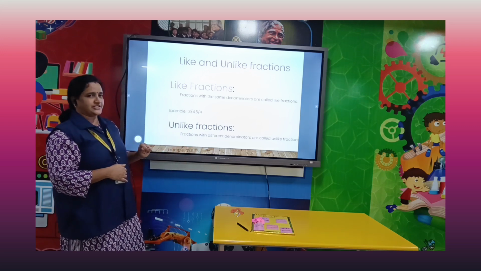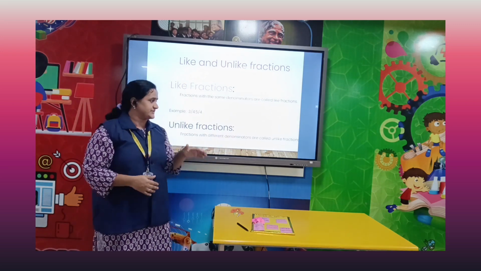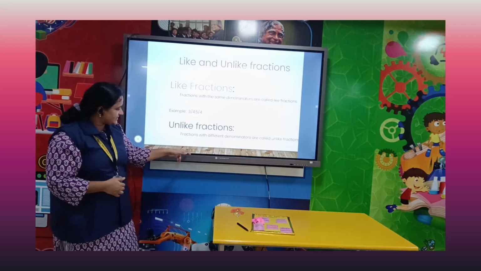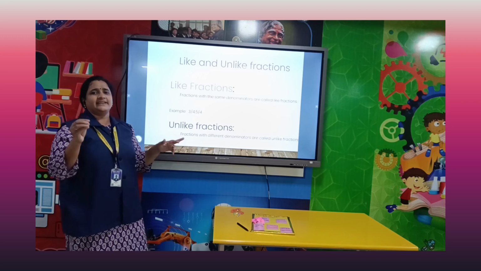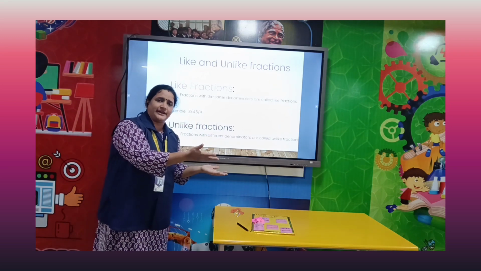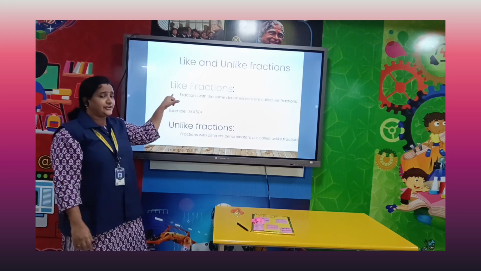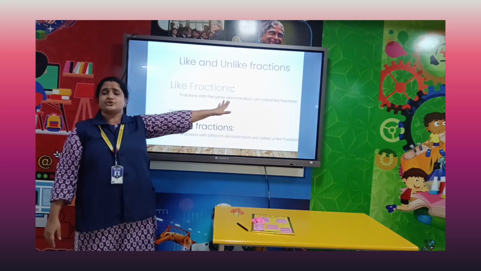And then unlike fractions. Fractions with different denominators are called unlike fractions. The example is 2 by 3 and 1 by 5. Here there is no condition. You can have whatever numbers in the denominator and any number in the numerator. But in like fractions, the denominators should all be the same.